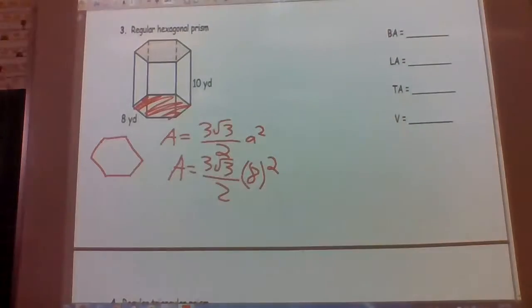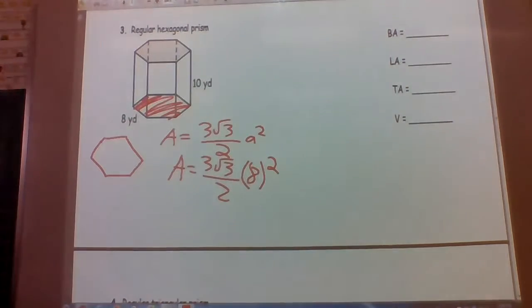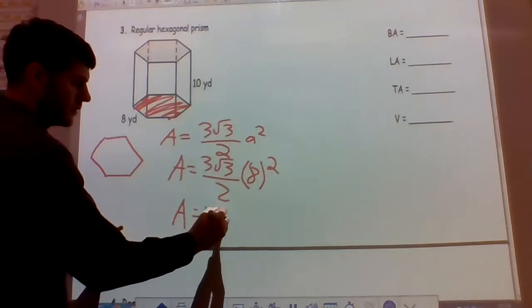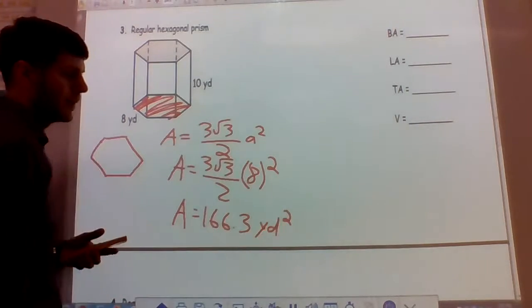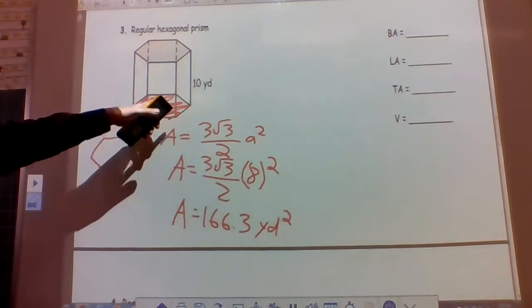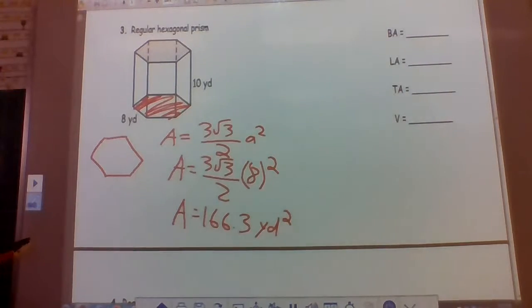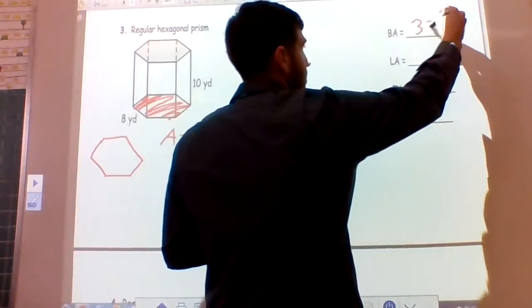If I can find a calculator. 96 times the square root of 3. We got 166.3. So our area was 166.3 yards squared. That was the base. There are 2 bases. So 166.3 plus 166.3 gives us 332.6.